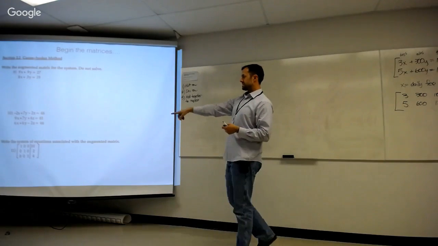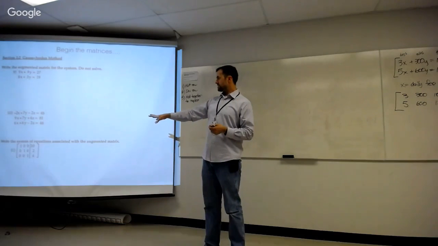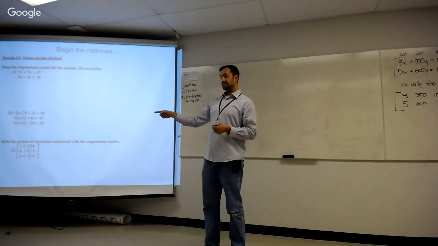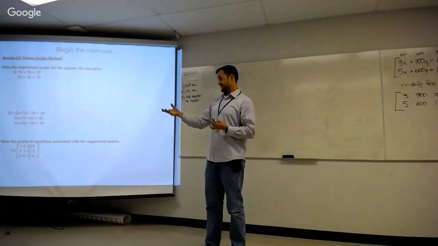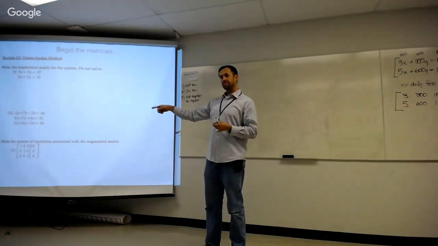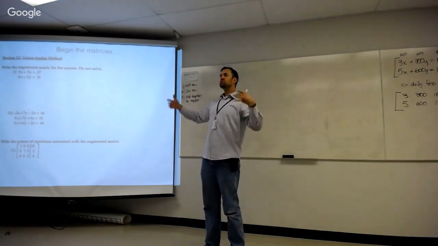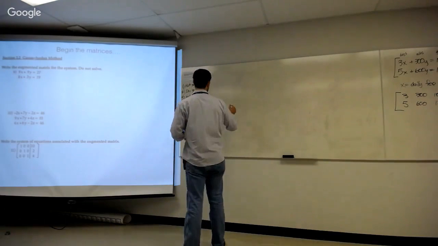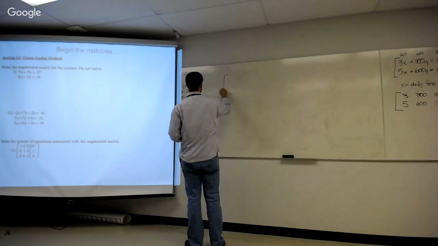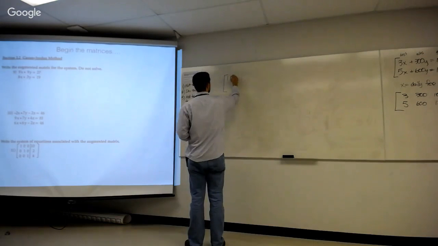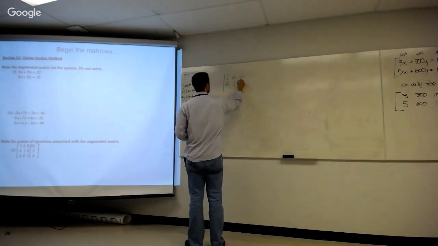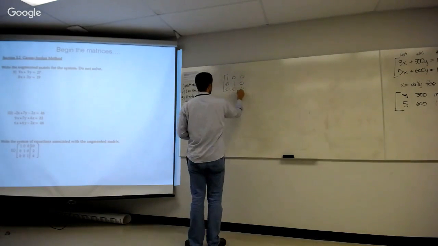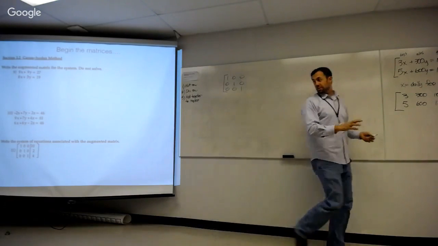Number 11, notice, is it already an augmented matrix? Yes. Is it already solved? Yes. Is that in echelon form? Yes. It's in super duper echelon form. Why is this in super duper echelon form? Because it's the ones that are in the diagonal. That's what makes it echelon form.